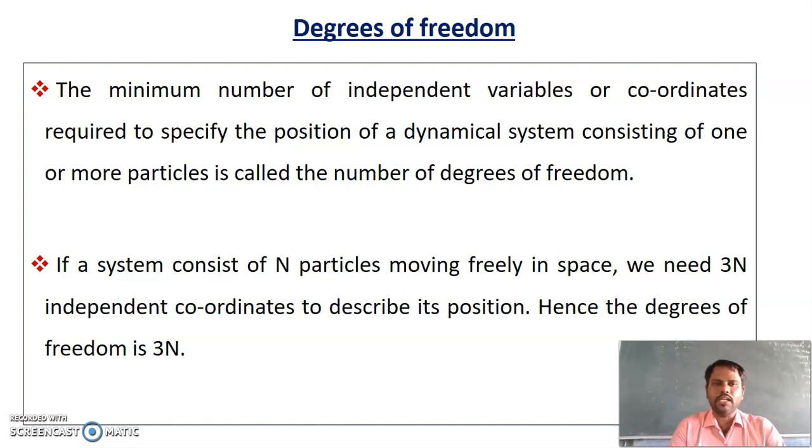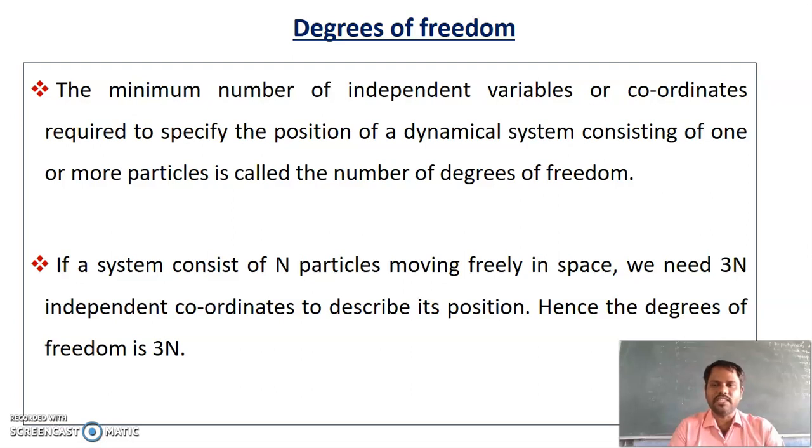A particle moving in free space needs 3 degrees of freedom. A two particle system needs 3 plus 3, which is 6 degrees of freedom. 3 particles need 3 plus 3 plus 3, that is 9 degrees of freedom.